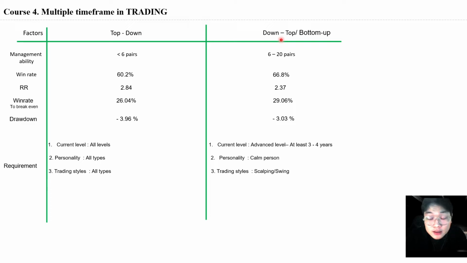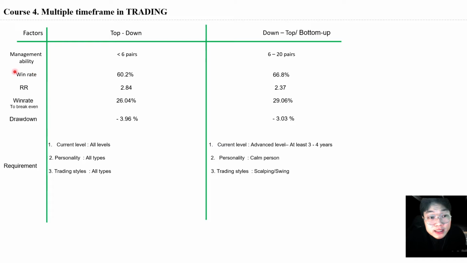If the market doesn't show your entry signals, you can skip this currency pair and move to another one. Therefore, for top-down you can only manage fewer than 6 currency pairs, but for bottom-up you can manage quite a lot, from 6 to 20.